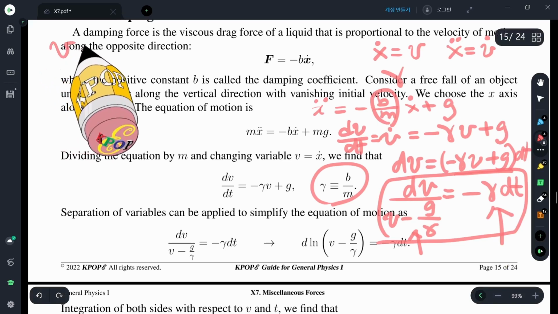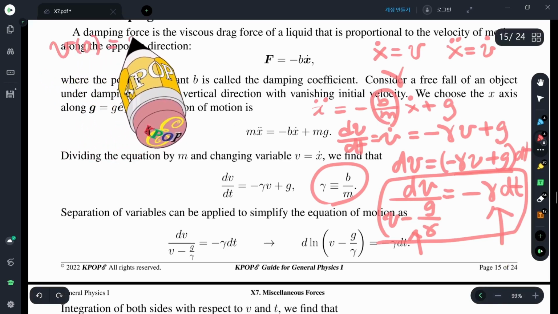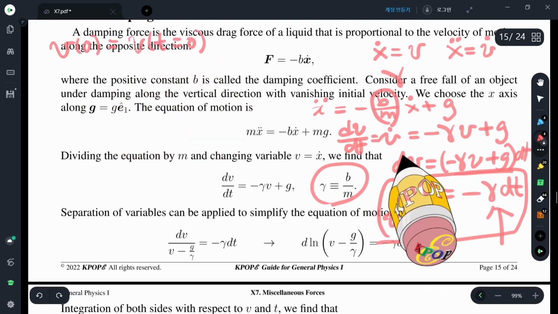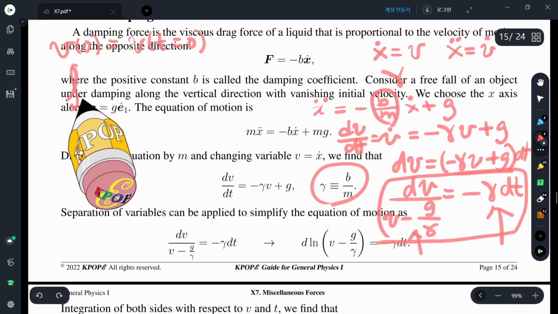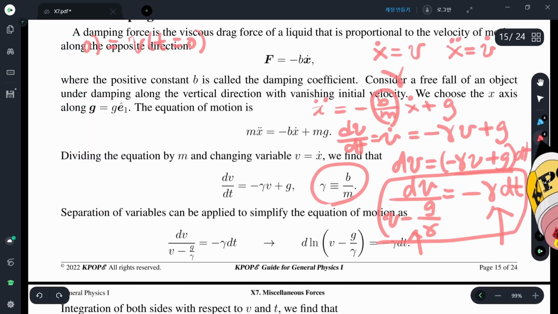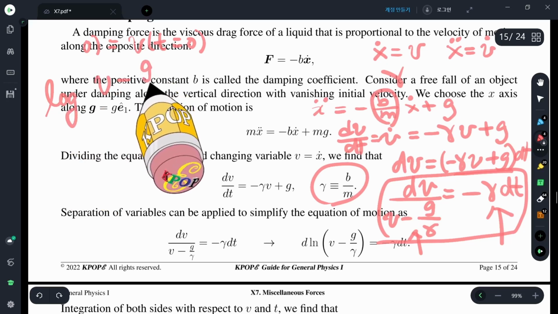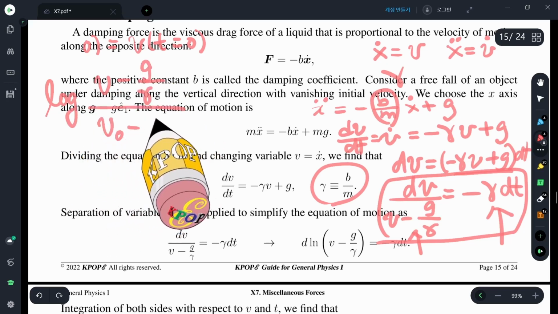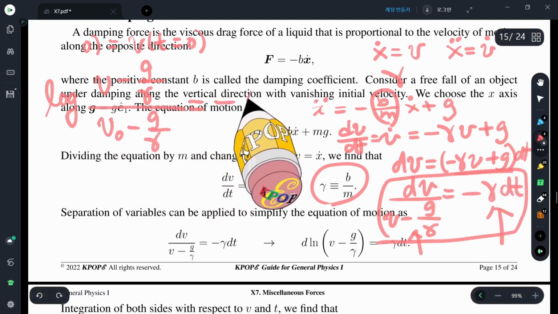Why don't we choose v0 to be v at t equals 0? This integration is log of v minus g over gamma, over the initial value v0 minus g over gamma, and the right side is minus gamma t.